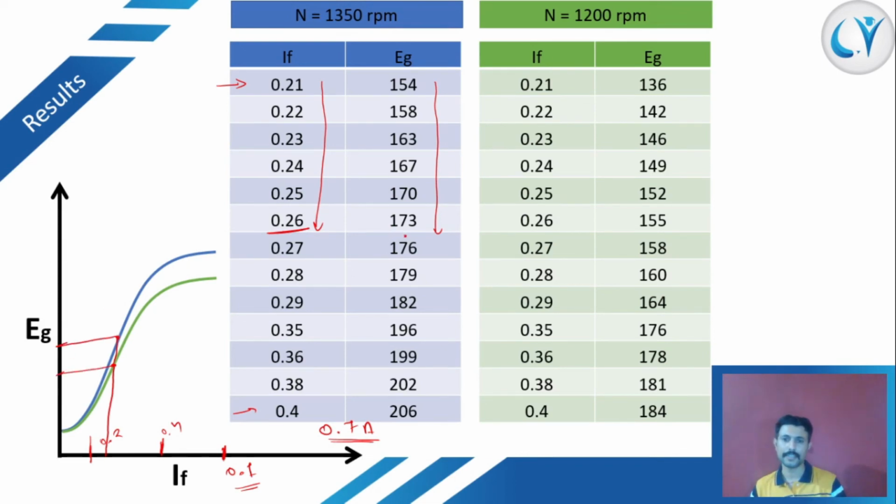So in the first case it's 173 and in the second case it's 155. So this is how we can plot the result, interpret the result, and make our analysis and conclusions from these results.